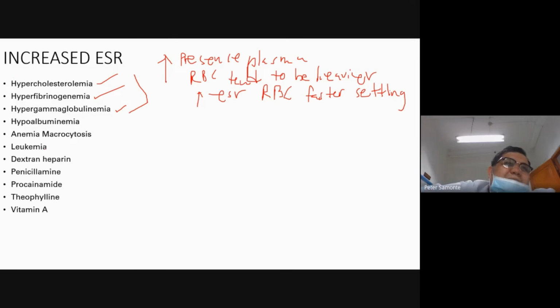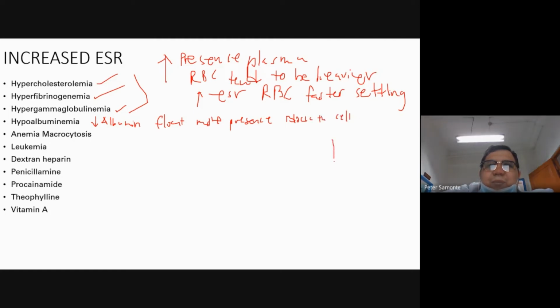Now, here in hypoalbuminemia, in this case, you have decreased albumin. Now, yung albumin nyo kasi, class, would tend to float. Hindi naman float technically. They would have more presence in the blood. So when they have more presence in the blood, class, they would tend to block the cell components.